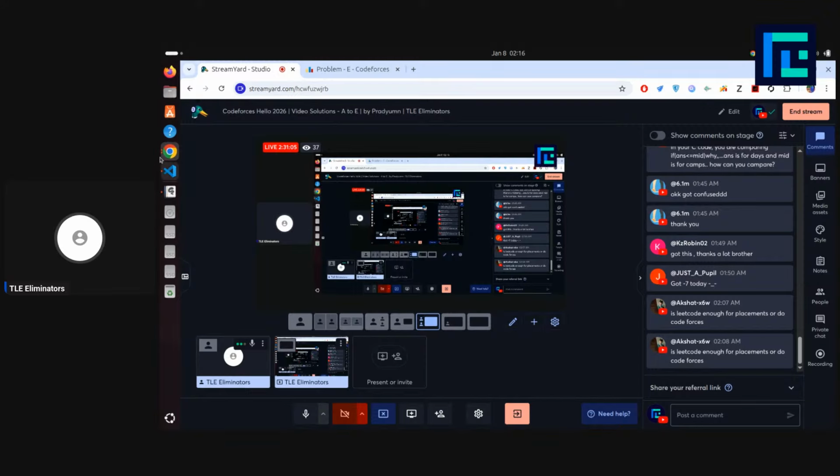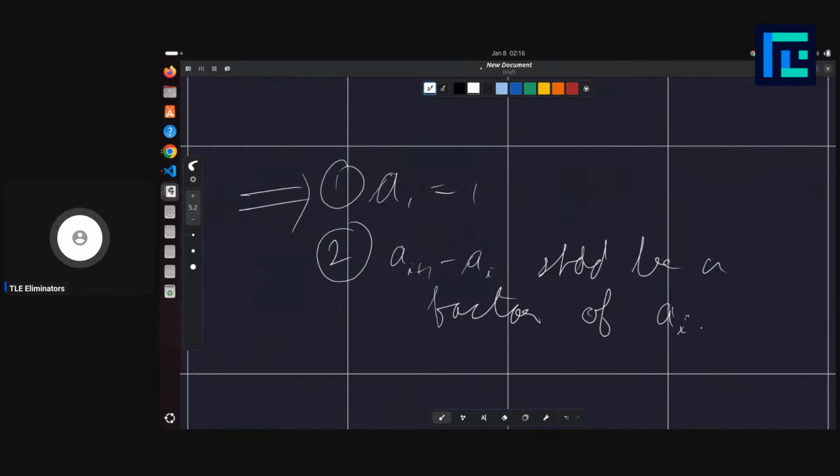Basically, the possible values of a(i+1) only depend on a(i), right? I just have to choose a difference which is a factor of a(i). So the values of a(i+1) don't depend on the previous values, only on a(i).